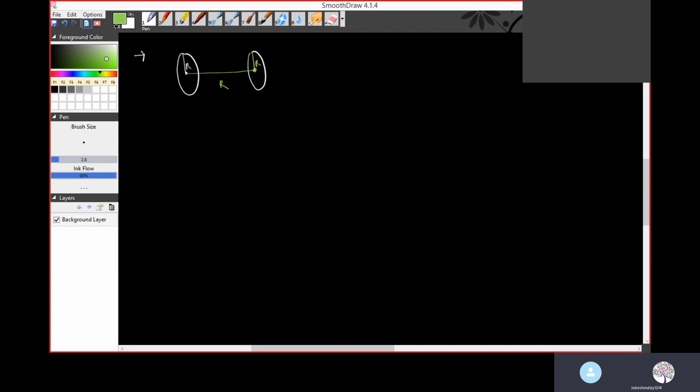Now the charge here is Q1 and the charge here is Q2. The charges are uniformly spread on the two rings. What is the work done in moving a charge Q from the center of one ring to the center of the other?